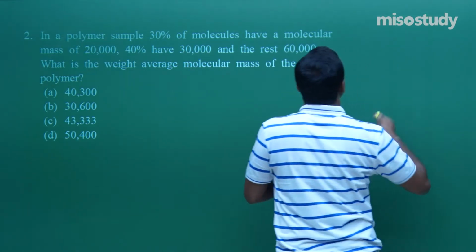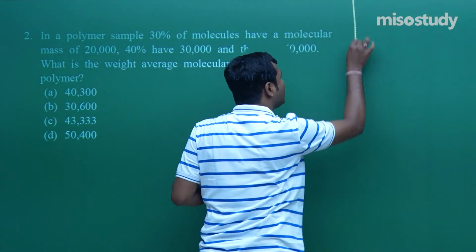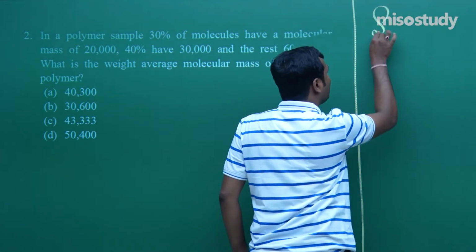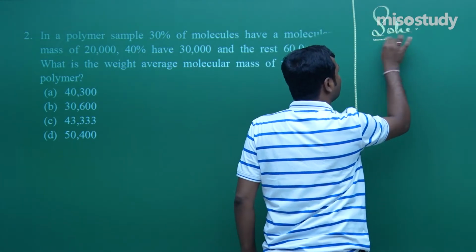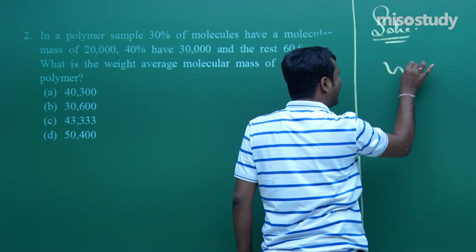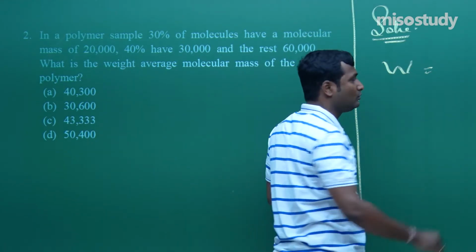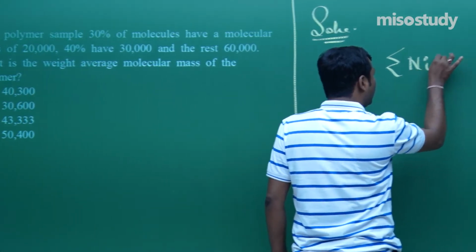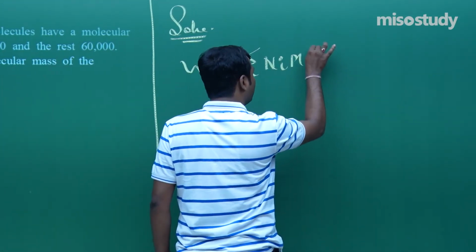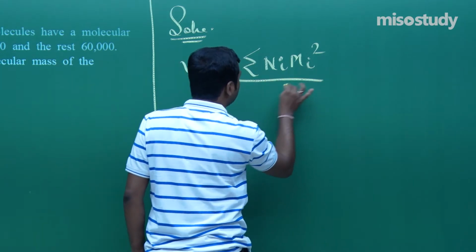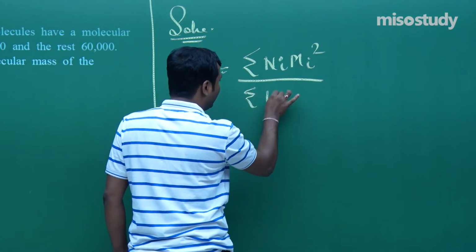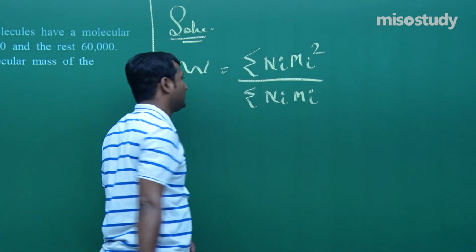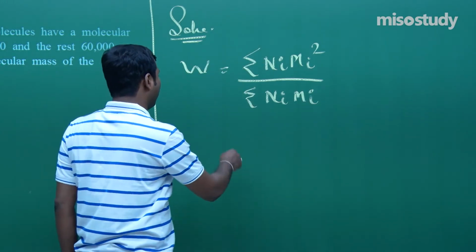Clear? This is a calculation-based question. The weight average will be equal to the summation of Ni Mi squared upon the summation of Ni into Mi. Clear to you? Now, what is Ni?